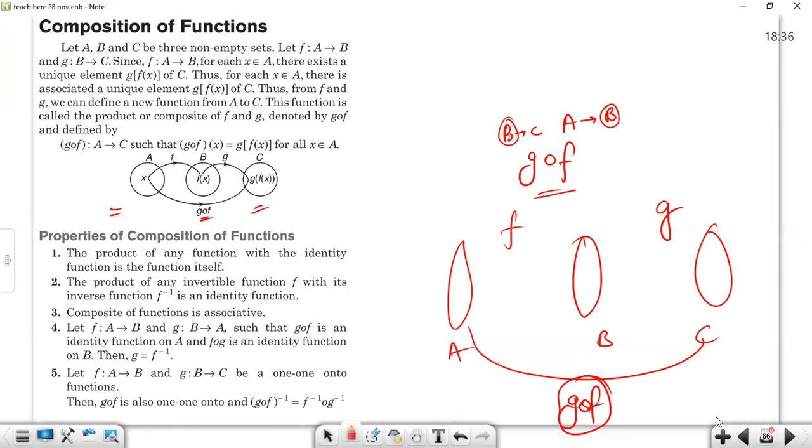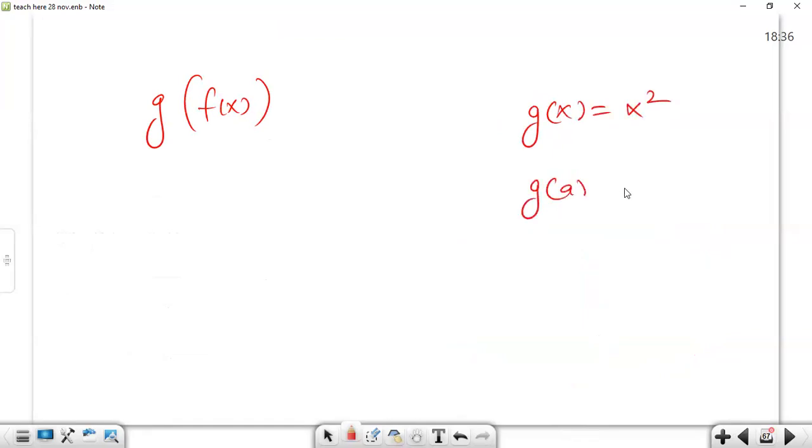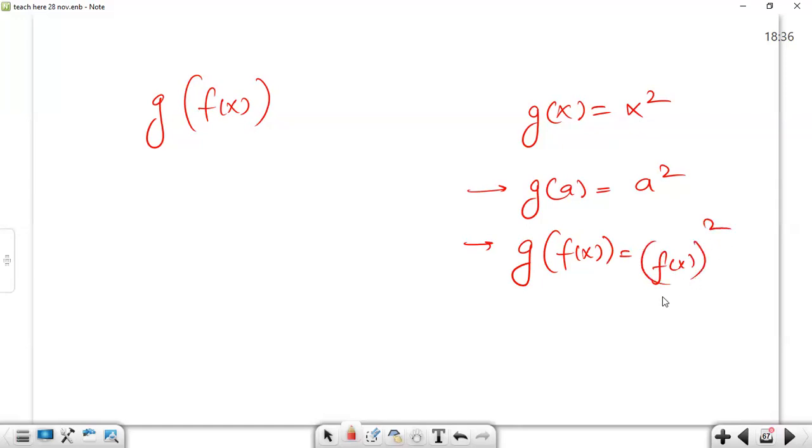G of F is similar to writing G of F of X. It's like when there is G of X equals X square. If we change the variable, it will look like this. Similarly, if we change the variable to F of X, X will be substituted with F of X to look like this.